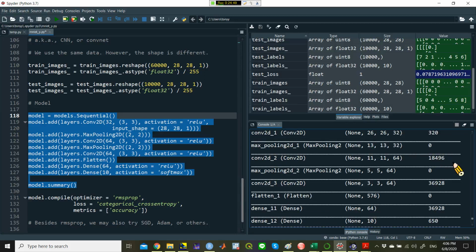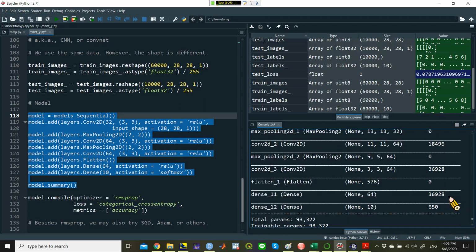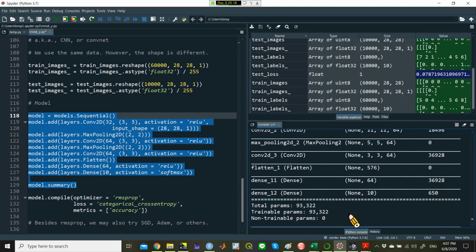Then in the second convolution layer, we have more than 18,000 parameters. We take the maximum again, no parameters. In the third convolution layer, we have more than 36,000 parameters. Then we flatten the data, make it a vector again. Then we have another hidden layer. In total, we have more than 93,000 parameters here. That is our model.